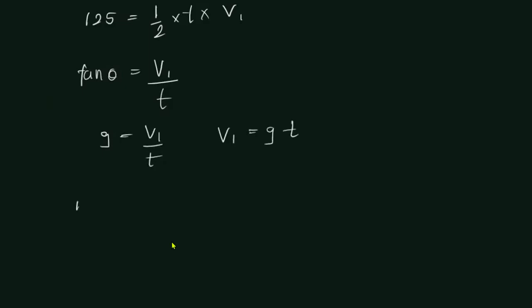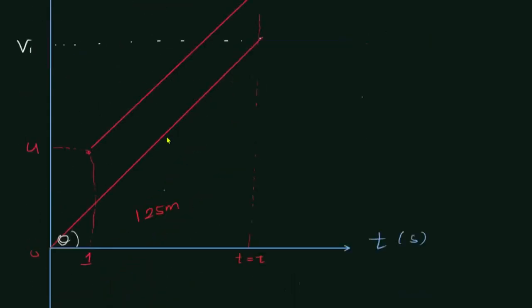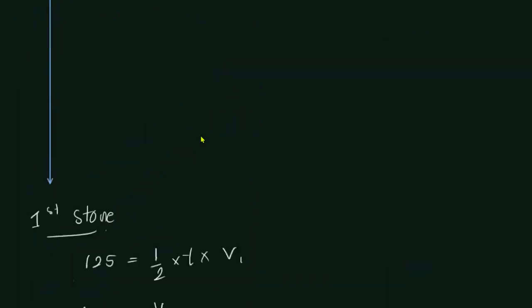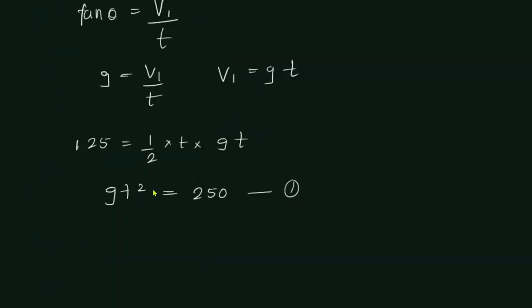So the first equation we can rewrite as 125 equals half t into v1, which is gt, so gt squared over 2, which gives 250 equals g t squared. We have written one expression for this stone, and from this we can find the value.